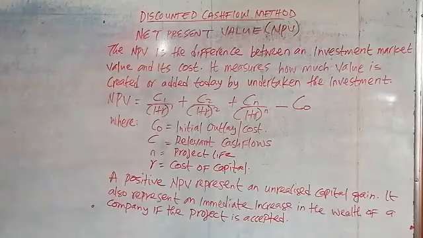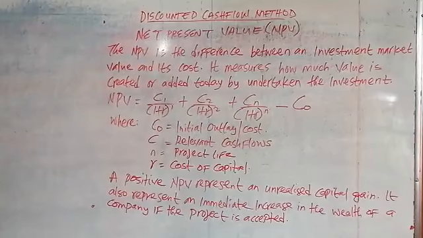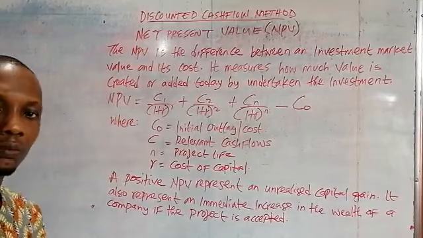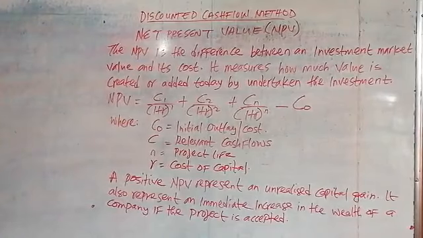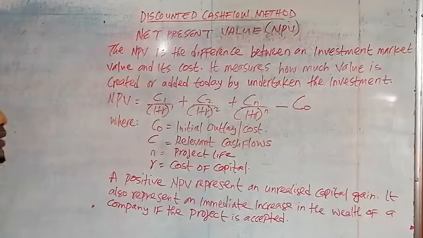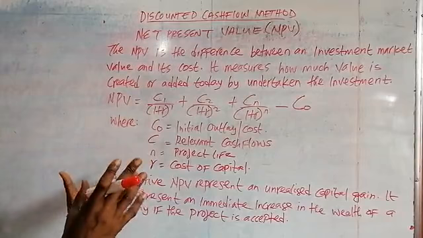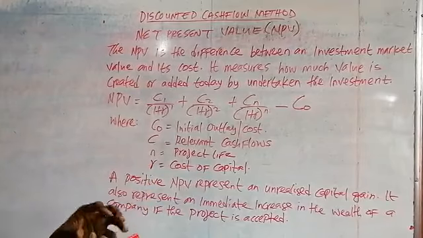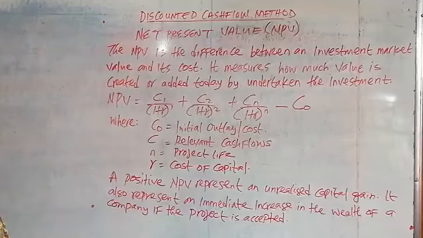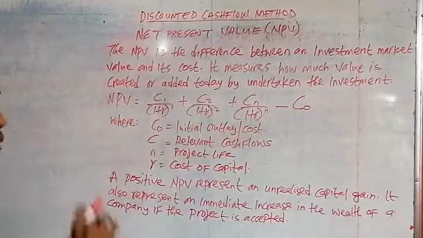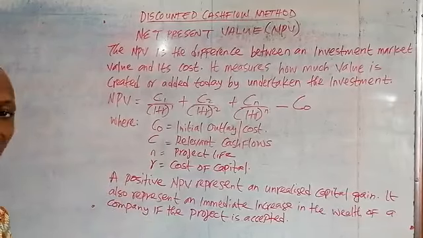So the net present value method is the difference. When you say net, it is the difference between the revenue and the cost. Just like net profit, it is revenue minus cost, as simple as that.